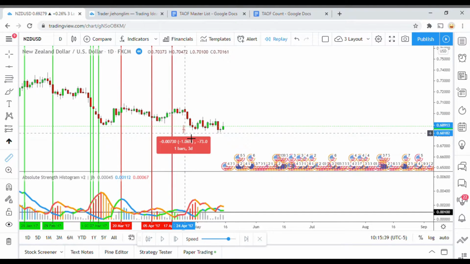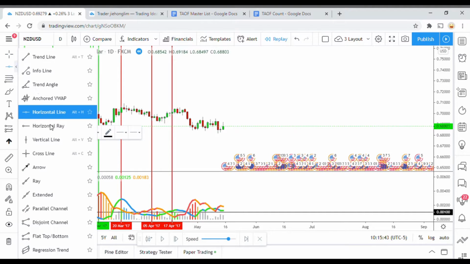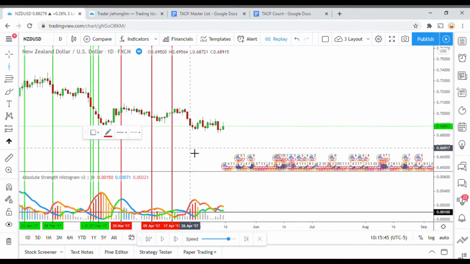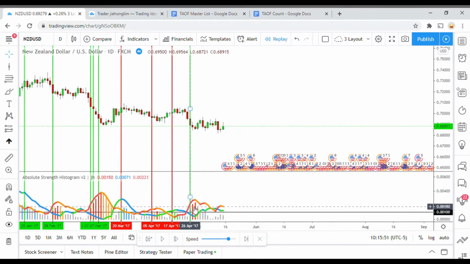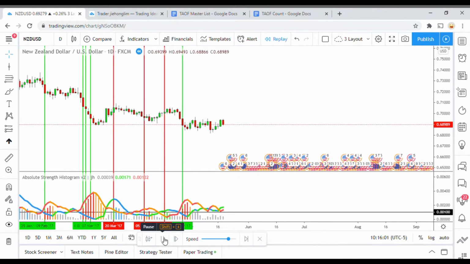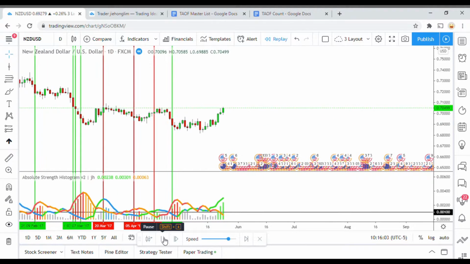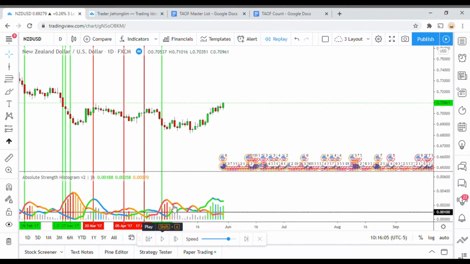Did not hit our stop, and it eventually came down and hit take profit. And again, it had spiked above the 0.001 line, giving us a pretty good sign that there was a lot of strength behind that particular move.